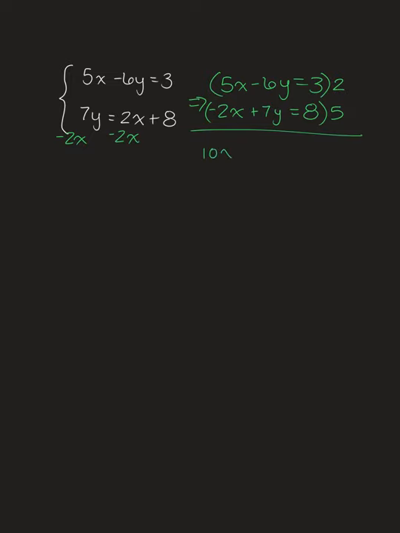So I will have 10x minus 12y is equal to 6. And then negative 10x plus 35y is equal to 40. If I add these two together, now I have the same coefficient but opposite sign, so I eliminate the x.